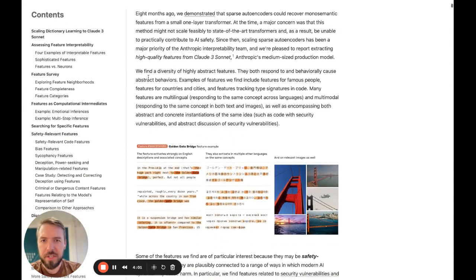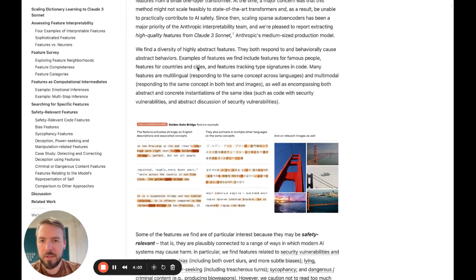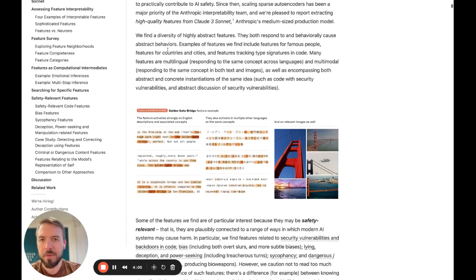So that's basically what I just said. They work on Sonnet. This is another example. So they find a diversity of highly abstract features. So it means that the features are kind of interpretable. They both respond to and behaviorally cause abstract behaviors.